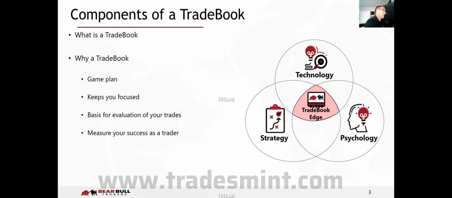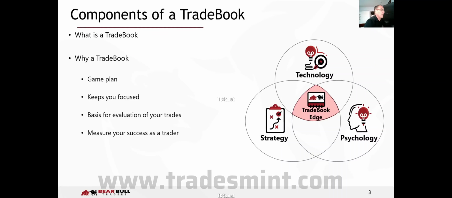If you said you want to take a trade when it breaks the high of day, but you're taking an entry before that, you can then identify what was your reasoning. Why did you venture off from what your plan was? Was it valid, or was it just emotions that took you over? That's what a trade book does.